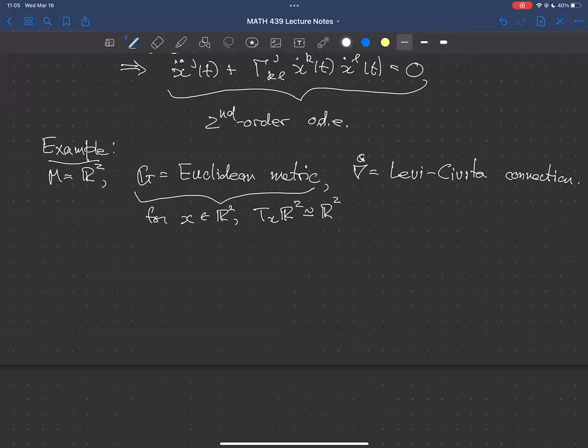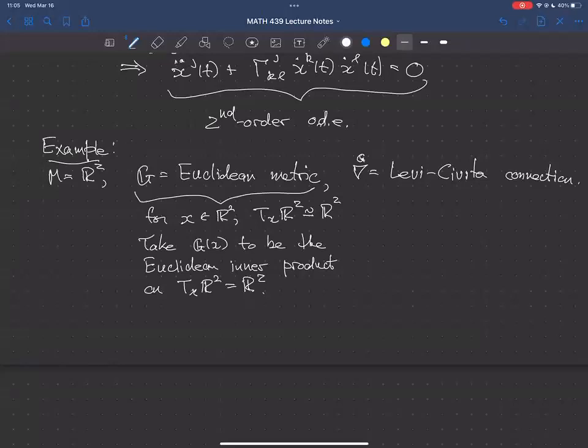And we take G of x to be the Euclidean inner product on the tangent space, because the tangent spaces are just R2, and R2 has its normal Euclidean inner product.